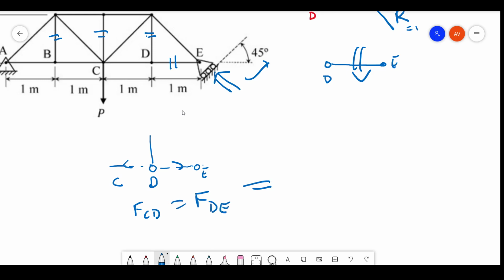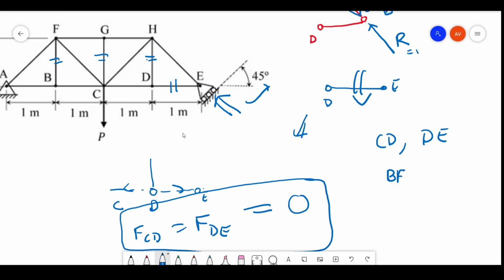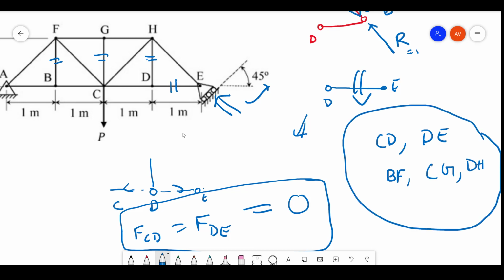From here we found FDE is 0, which means FCD is also going to be a zero force member. So finally your answer is going to be CD, DE, BF, CG, DH. All these are going to be your zero force members in this particular case.